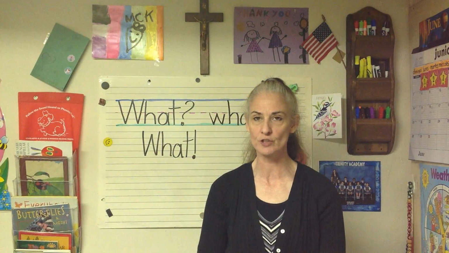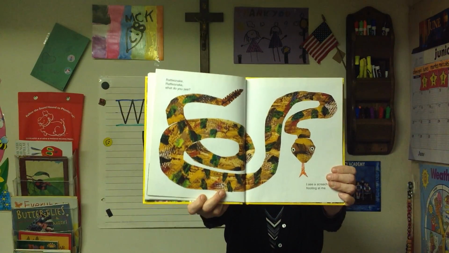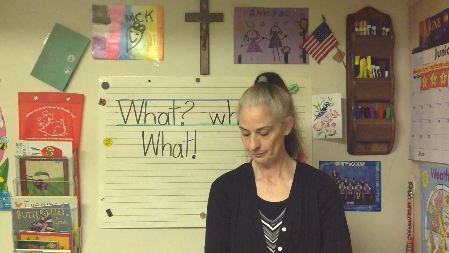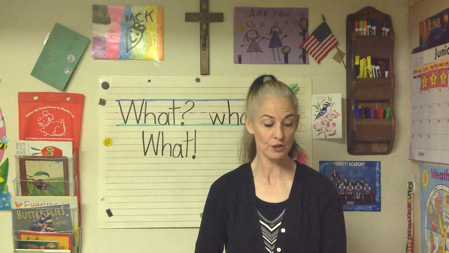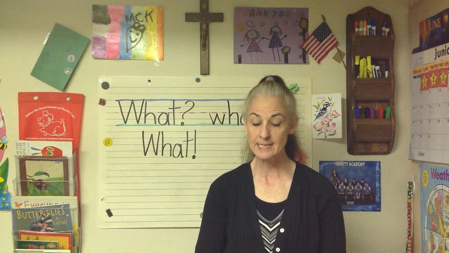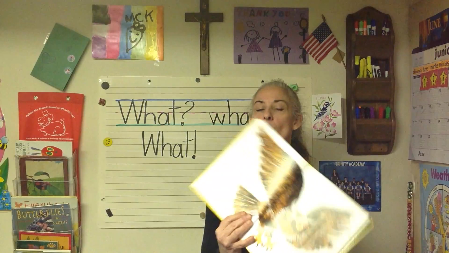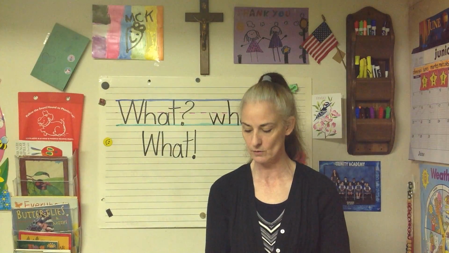I see a screech owl hooting near me. Screech owl, what do you see? I see a mama bear looking at me. Mama bears are very protective of their baby bears.